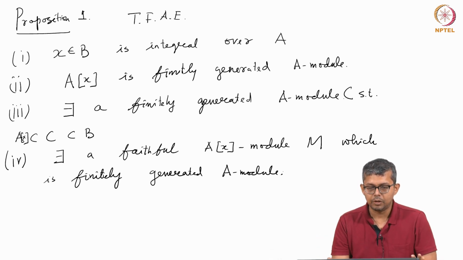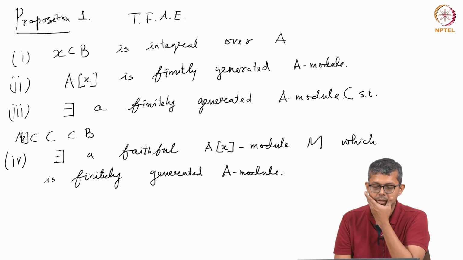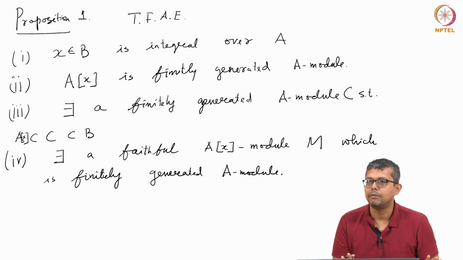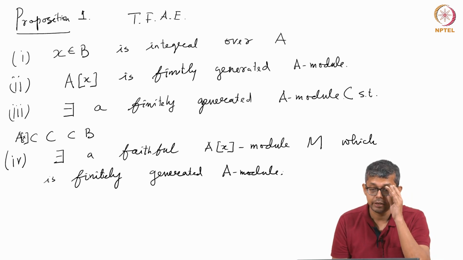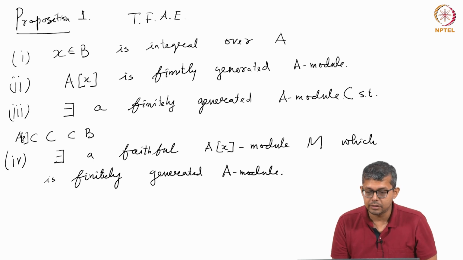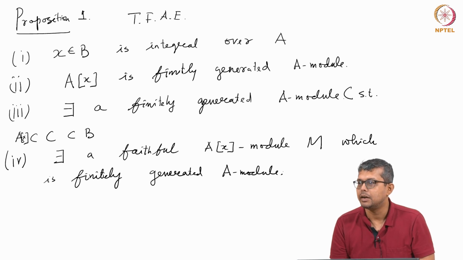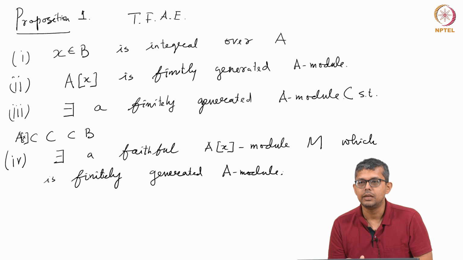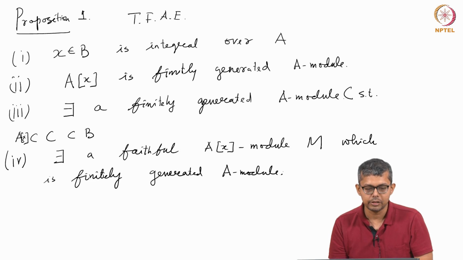So the first statement is that x is integral over A, and the definition is clear. The second is also clear: A[x] is a ring and it is a finitely generated A module. The third is that there is a finitely generated A module C. A priori you do not know A[x] is a finitely generated A module, so you consider the ring A[x], and this says you have a subring C inside B which is a finitely generated A module and which contains A[x]. And the fourth one is this faithful A[x] module.